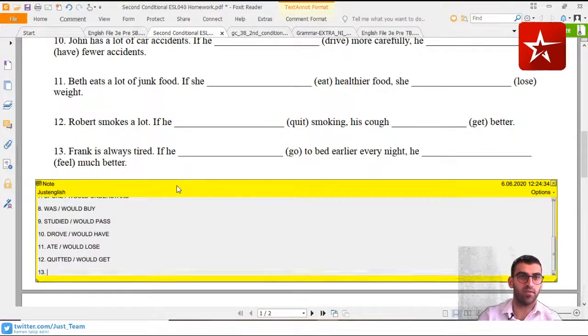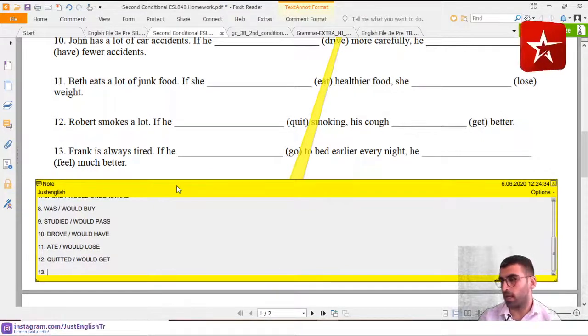Number 13. Frank is always tired. If he to bed earlier every night, he blah blah blah much better. So what is the correct answer for number 13? Yusufa says went and would feel.